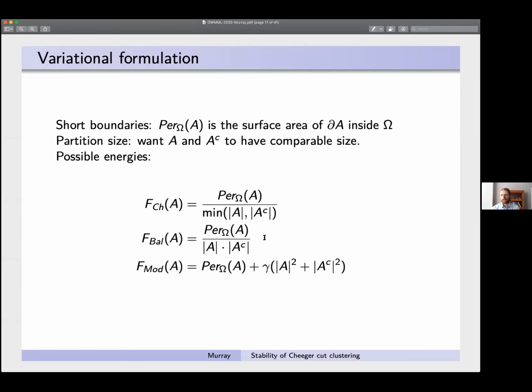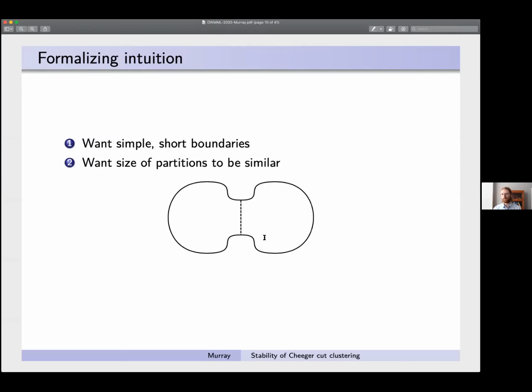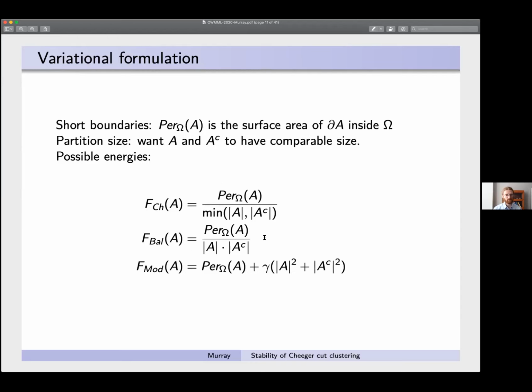So if we think about this from the framework of the calculus of variations, how would we encode those 2 goals as an objective function? This is what one would try to do classically if we pose this as a continuum variational problem. In the last slide I said we want shorter boundaries and we also want to have partitions of similar size. So when we talk about short boundaries, what do we mean?